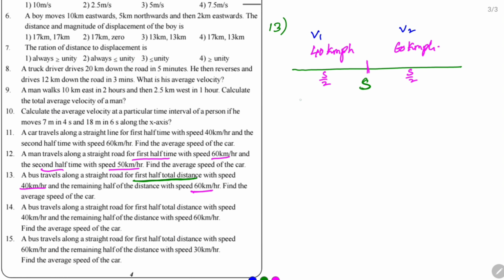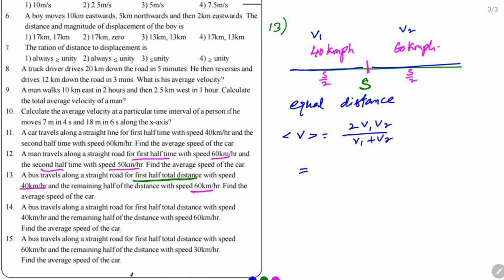When the body travels equal distances, here the distance is equal, not the time. Clear? When the distance is equal, the average speed is 2 v1 v2 by v1 plus v2. Simple.